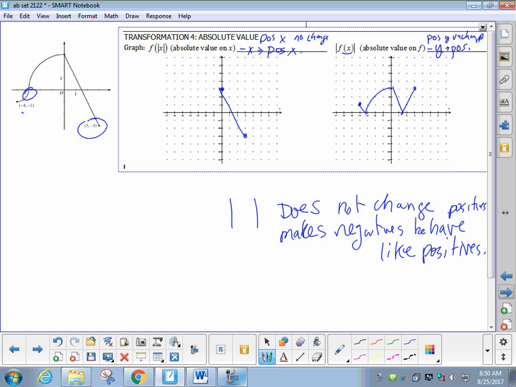So, -3, absolute value becomes +3. f of 3 is negative. Oh, wait a second. Oh yeah, you're right. Sorry, it's a good point. f of 3 is -3. And so, this is actually just like that. What about if I put in, it's going to sound crazy, but put in negative 1.5 for me, please.